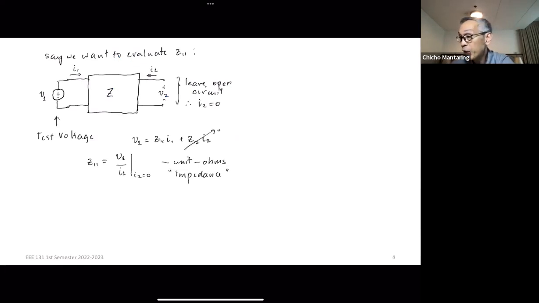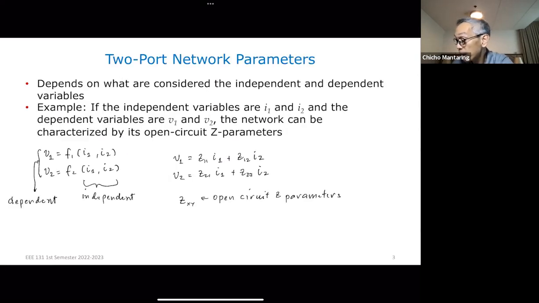And what will your model now look like? Note that this actually looks like KVL equations. Pag tinignan nyo to, this is a voltage. Impedance times current is voltage. So that's true for both V1 and V2.